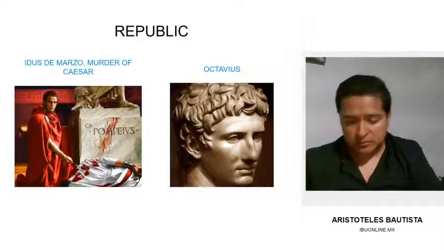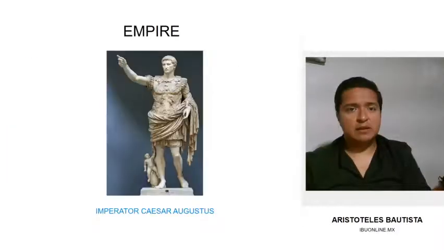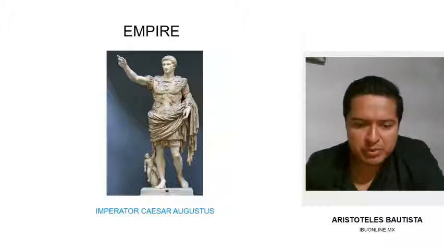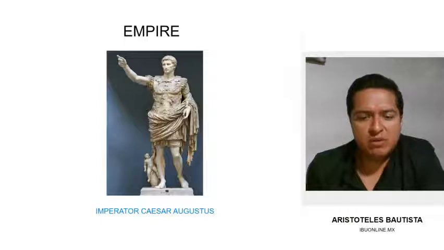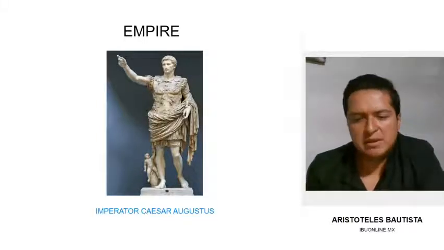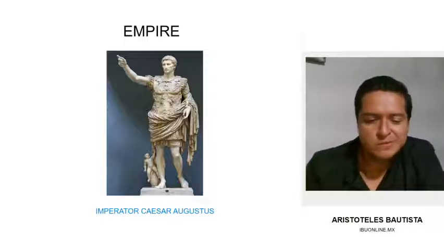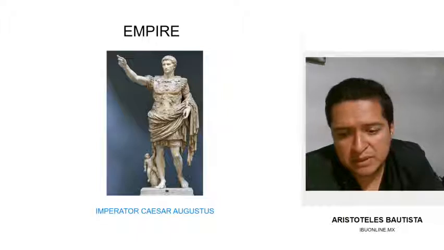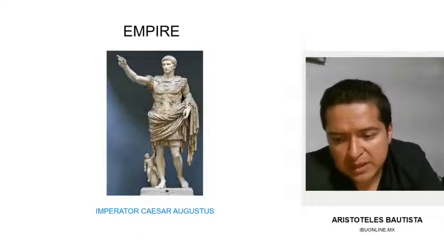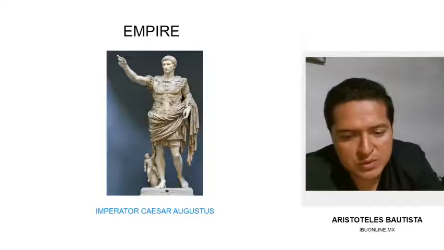So this is how the Republic starts the empire. The empire starts in 27 before Christ. So 27 before Christ starts the age of emperors. Augustus was named Imperator Caesar Augustus.